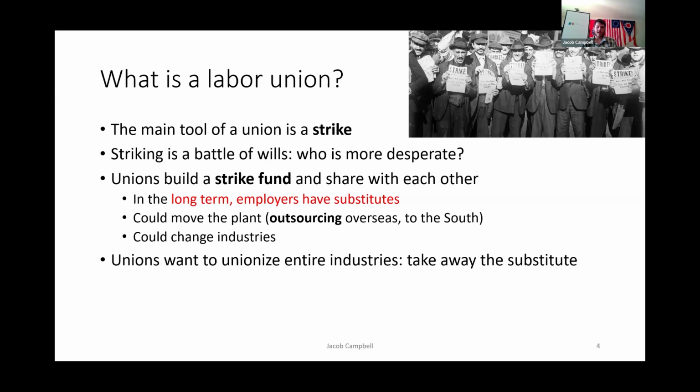So unions have to think very strategically. It's not just a matter of winning their own local strikes, but also of knowing when it's worth it to fight a strike at one place and when it's not. They try to spread their money around in such a way as to keep as much of the workforce unionized as possible.